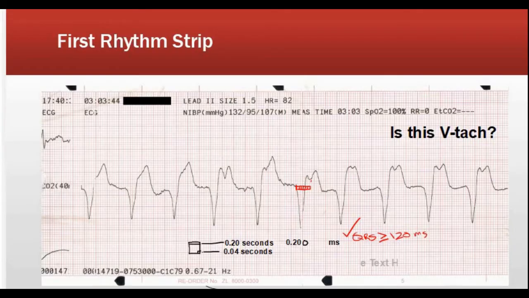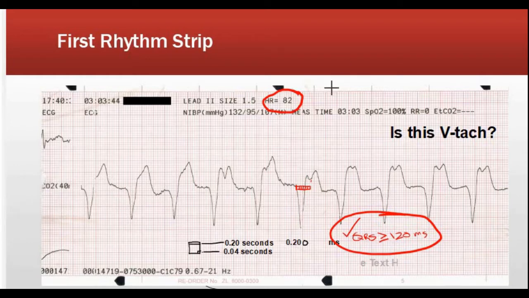Now back to our original question, is this VTAC? One of the characteristics we know of VTAC is a wide QRS complex, so we definitely have that going on. But the next question is, how rapid is it? Here we have a measured heart rate of 82, which was pretty close to the estimate that I had earlier.